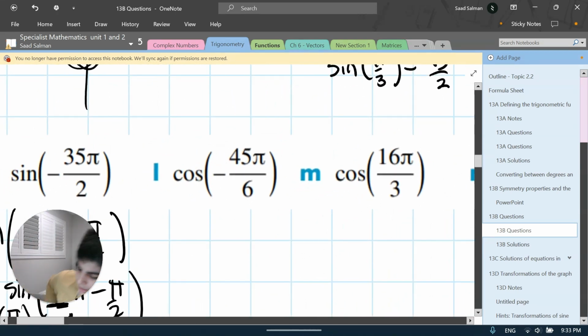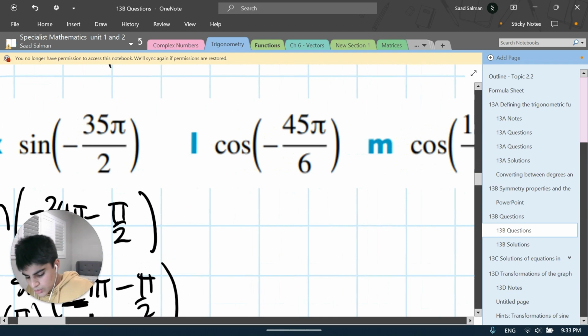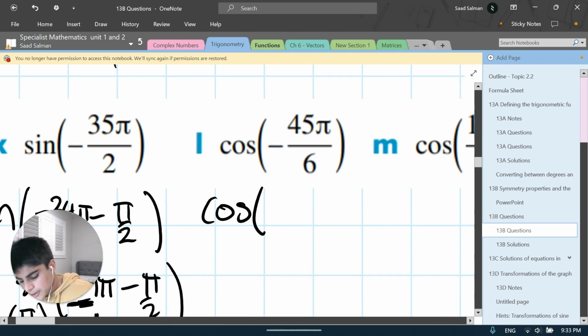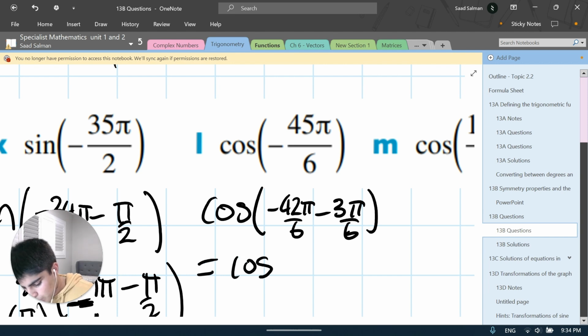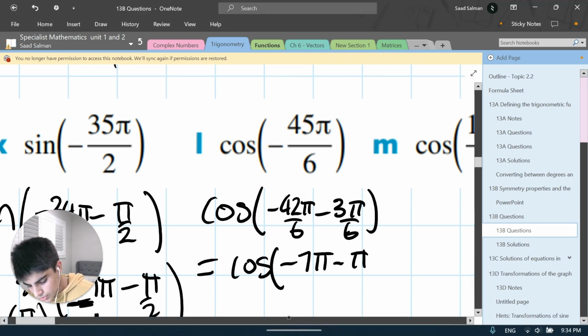Cosine negative 43 pi on 6. This is equivalent to cosine negative 42 pi on 6 minus 3 pi on 6. This equals cosine negative 7 pi minus pi on 2.